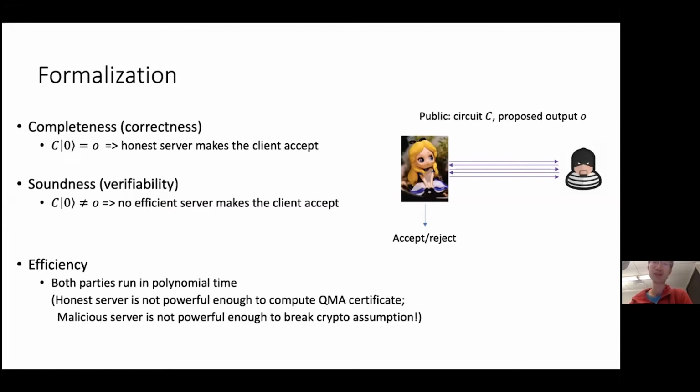So we can't treat this problem as a complexity problems like QMA class. But on the other hand, malicious server is not powerful enough to break crypto assumptions. So we can use crypto tools to study this problem.